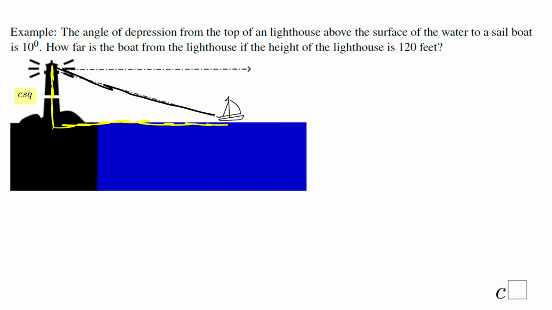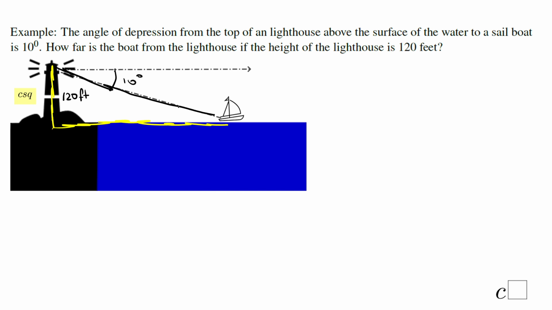But let's read the problem maybe. The angle of depression, if you remember, is this one. It is 10 degrees, this one. And we need to find how far the boat is. If the height of the lighthouse is 120 feet, that means this height here is 120 feet.